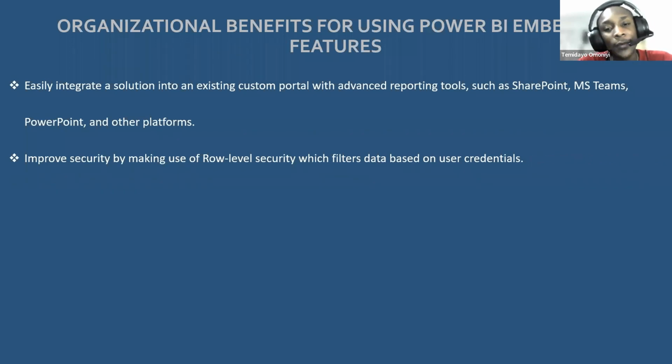It makes use of the concept of row-level security. There's one thing about Power BI that makes it very cool in terms of hierarchy. You can set security parameters such as row-level security, so it will prevent certain people from viewing certain information. Most bigger organizations use RLS a lot. Depending on your role and your hierarchy, you can see certain kinds of information or data.